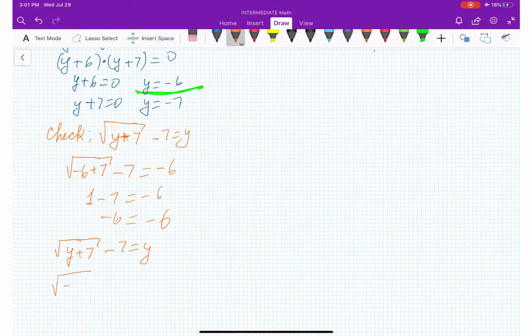So negative 7 plus 7 minus 7 equal, what was our number? Yeah, negative 7, this one. Negative 7. Hallelujah, look at that. 0 minus 7, we are getting negative 7. And indeed, negative 7 equal negative 7, which means both numbers are solution.